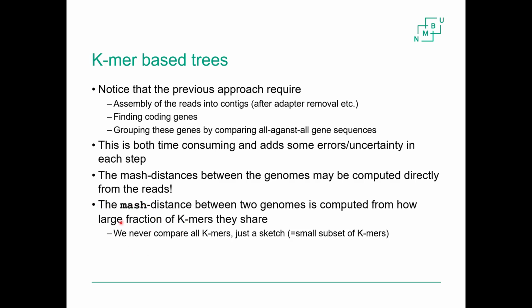I should add that these Mash distances suffer a little bit from resolution. If you really have very similar genomes, it's probably not high enough resolution to do it in this quick and dirty way, and then you have to resort to the other methods that we saw earlier.